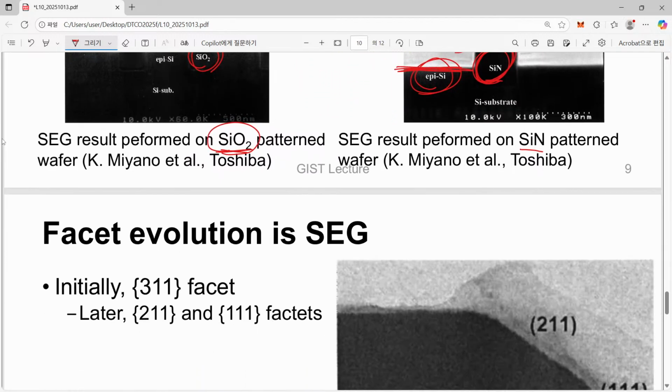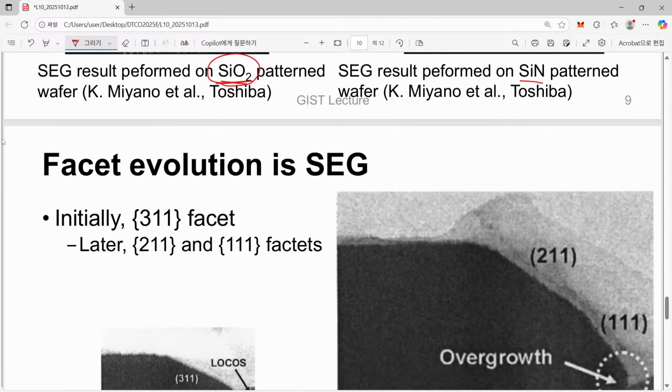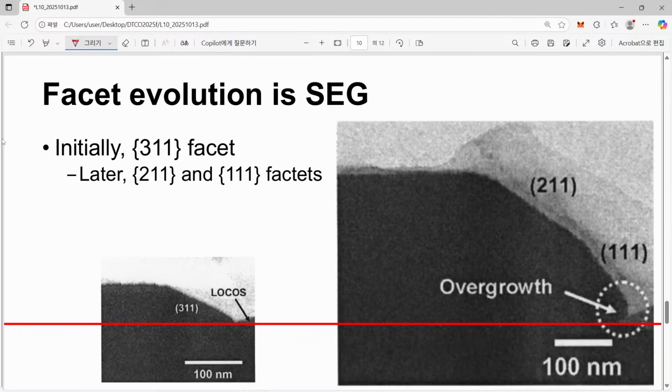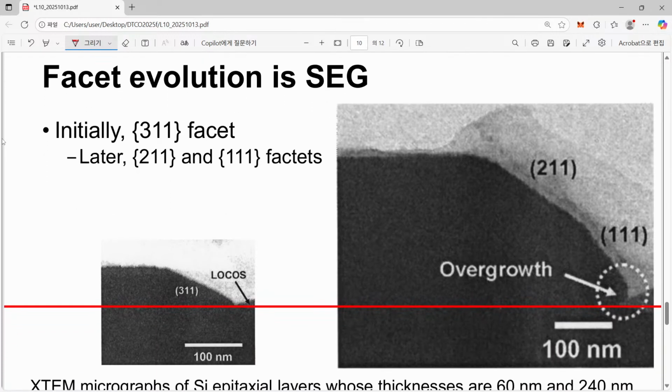Also, I'm not saying that in the planar case we have not used selective epigrowth. In the late 90s they did not use it, and later they adopted it in planar MOSFET fabrication. And I guess that this is the final slide of today's lecture.